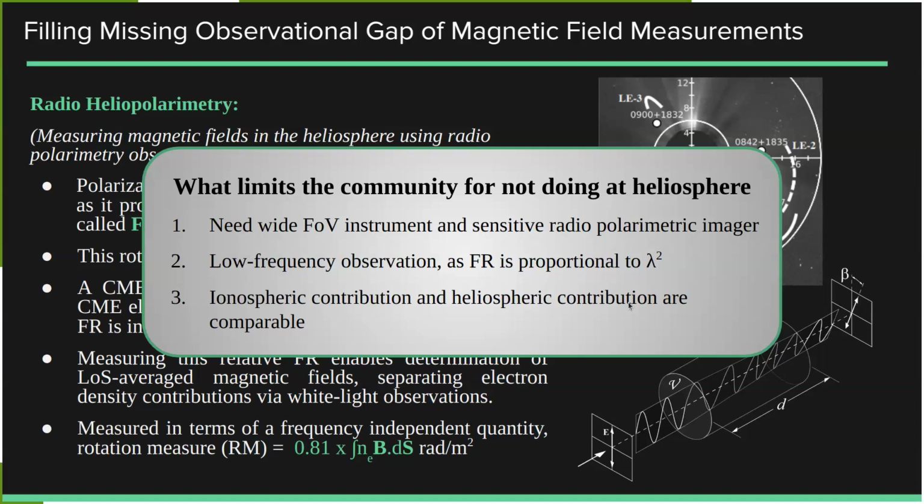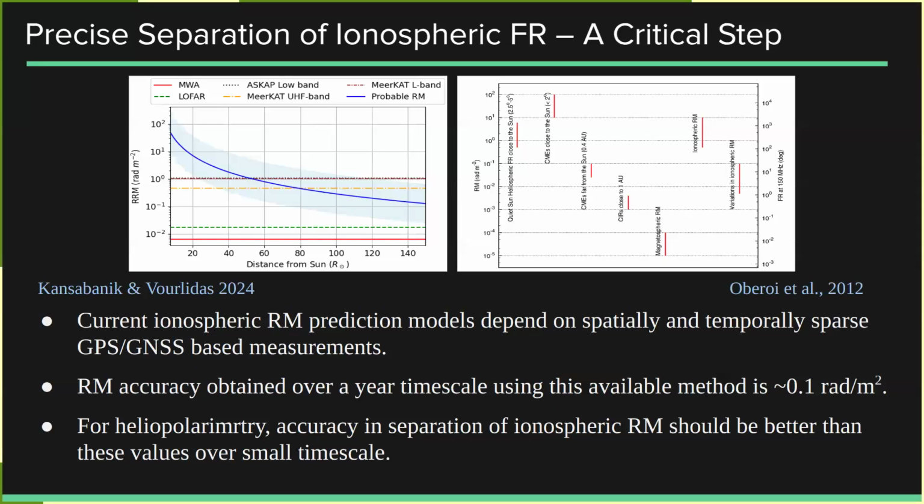So we need a very precise separation of the ionospheric contribution from our observation to properly measure the heliospheric Faraday rotation. What I have shown here, in the top left image, is a typical rotation measure that we expect from a CME as it moves away from the Sun. There are different radio instruments in the world which can provide the required sensitivity of the relative rotation measure.